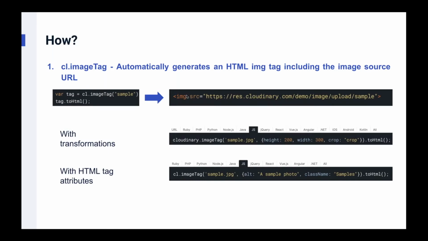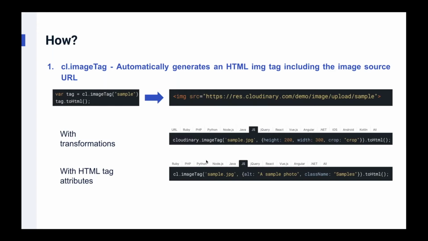This by itself will just render the original image. We can now add transformations to resize it. In this example, we're saying resize the image, which is sample.jpg, to a height of 200, a width of 300, and then also crop it using this crop mode.